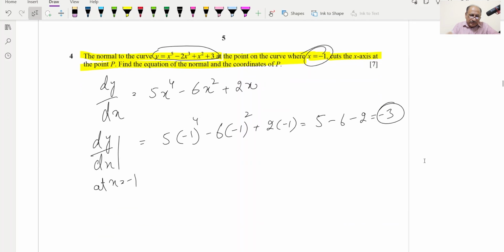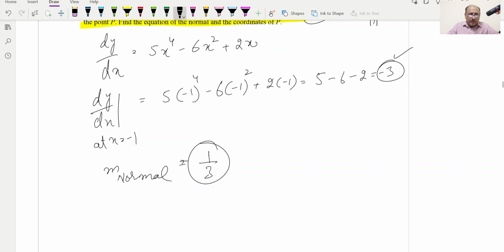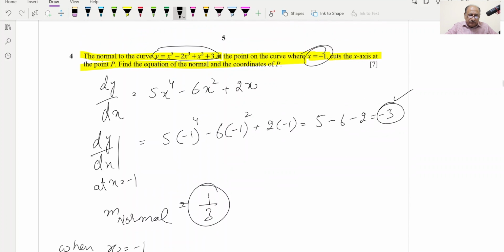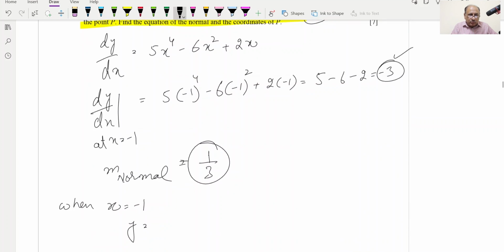Now this is the gradient, and now the gradient of the normal, so we can write m of normal will be equal to reciprocal and change sign. So reciprocal and change sign will be 1 over 3. So this will be the gradient m value, and we can find the equation. We need to find the y value when x is equal to -1. So y is equal to, we have this equation x raised to 5 minus 2x cubed plus x squared plus 3.